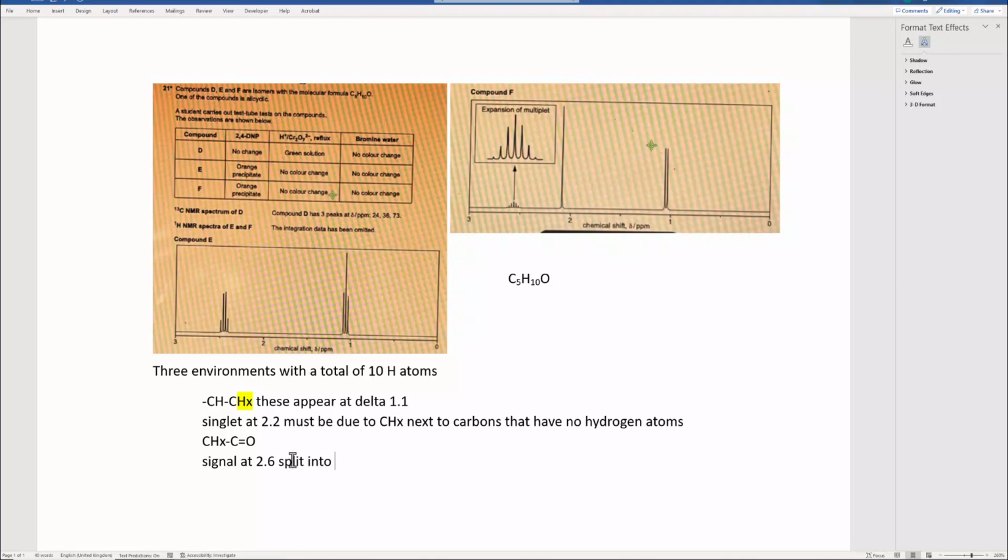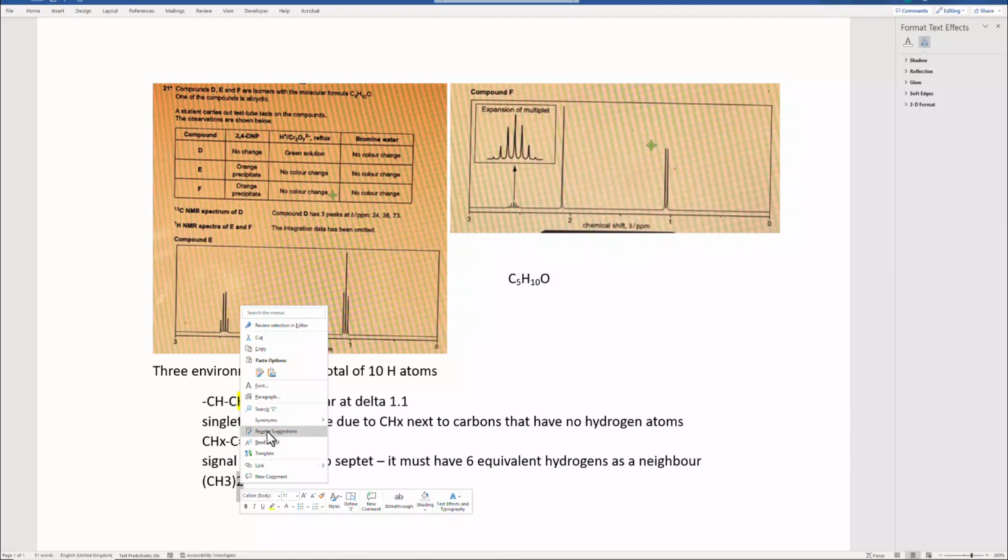Now that means it must have 6 equivalent hydrogens as a neighbour. Well, the only way that this can be possible is if we have CH3 twice. Okay, now (CH3)2 gives us 6 hydrogens as a neighbour.